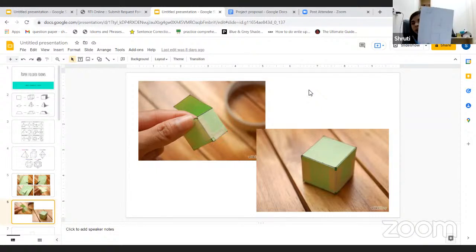Now we'll start cutting the shape. We're done. Okay, so let's quickly start.